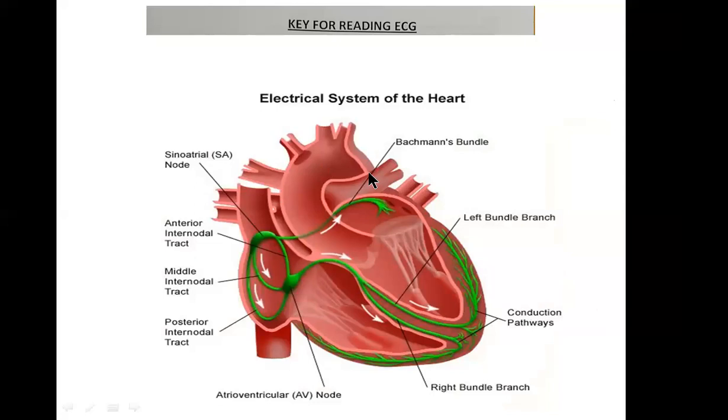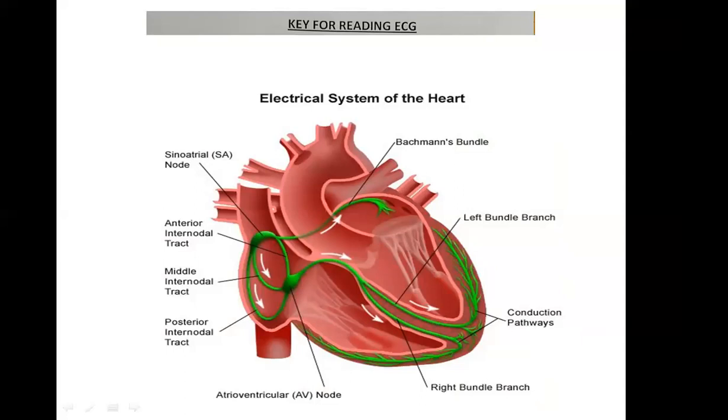You can see there's the Bachmann's bundle and the other conductive tissues, and then it comes to the AV node, and then goes to the bundle of His, then the right bundle branch and left bundle branch, Purkinje fibers, and then depolarizes the myocardium.